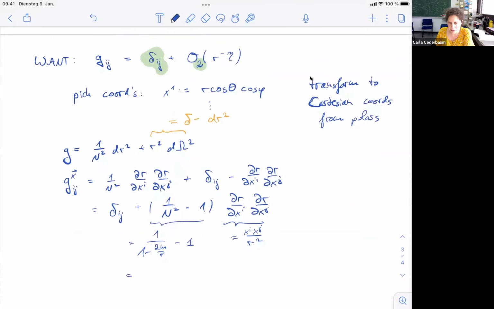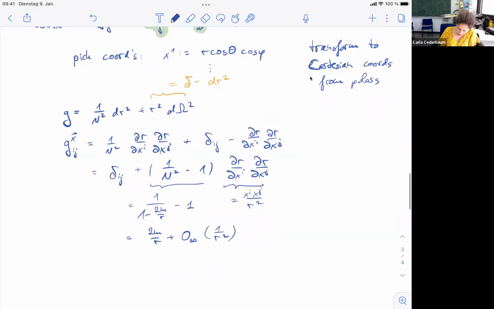And this I can expand into a power series, and then I will get 2m over r plus terms of the order 1 on r squared. So if I summarize this, I will get delta ij plus 2m over r xi xj over r squared plus terms of the order 1 on r squared, where I'm using that this is bounded and all derivatives of it decay accordingly.